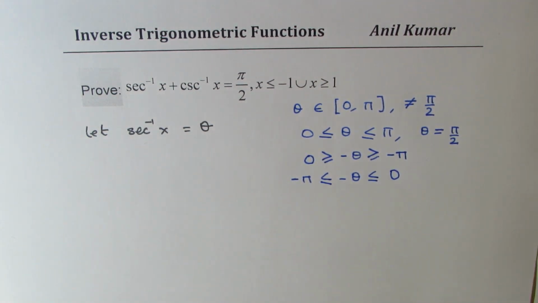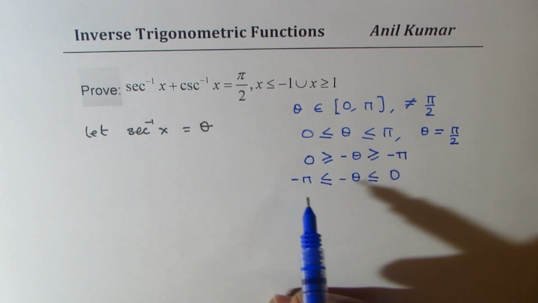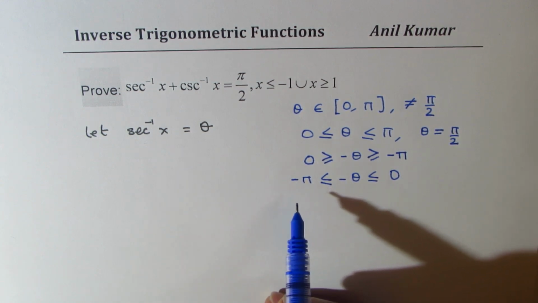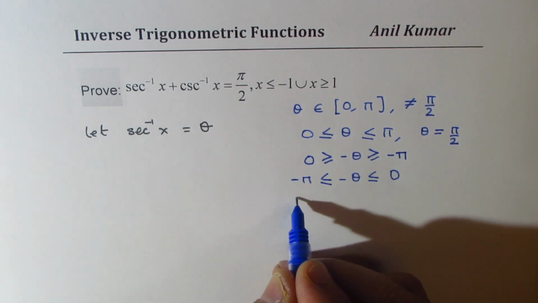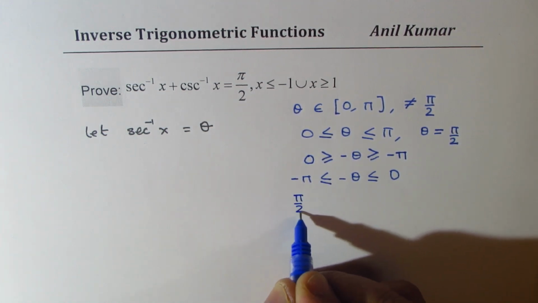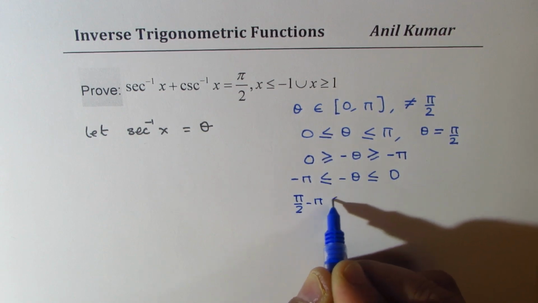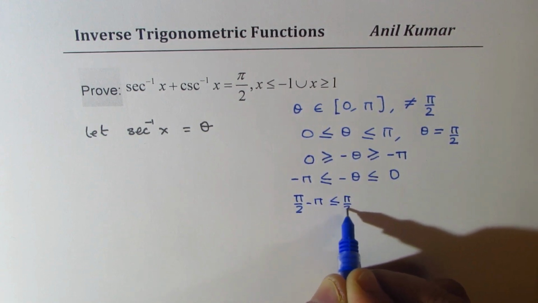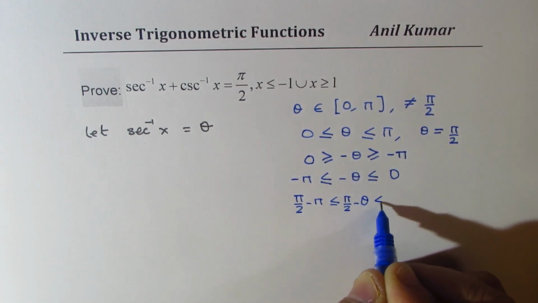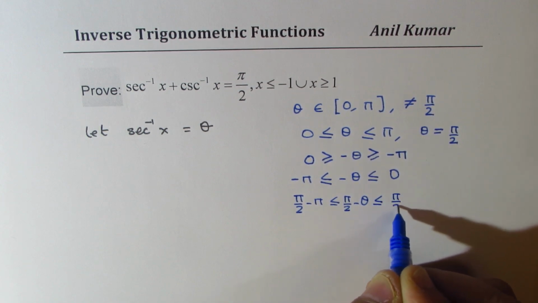We are interested in pi/2 minus theta. So let me add pi/2 to all these. If I do that, we get pi/2 minus pi less than or equal to pi/2 minus theta less than or equal to pi/2.